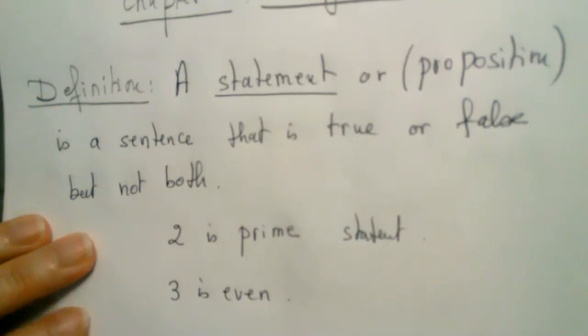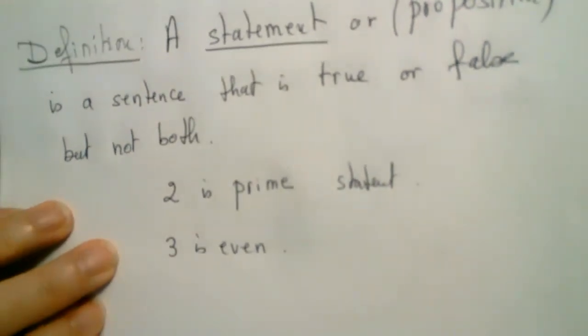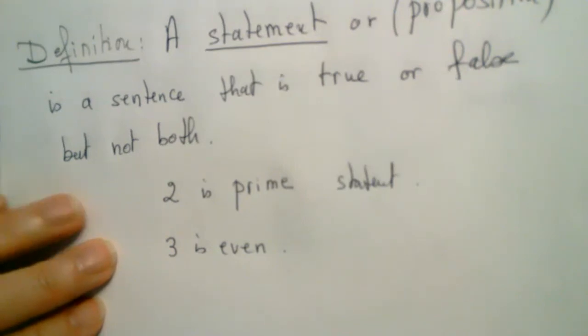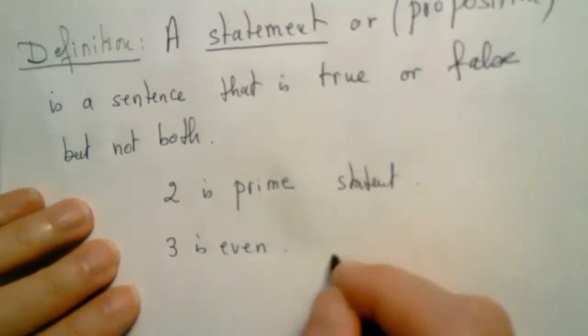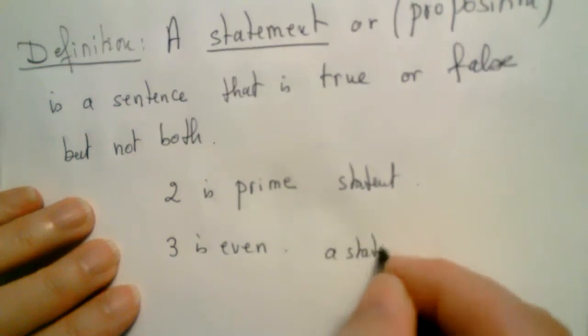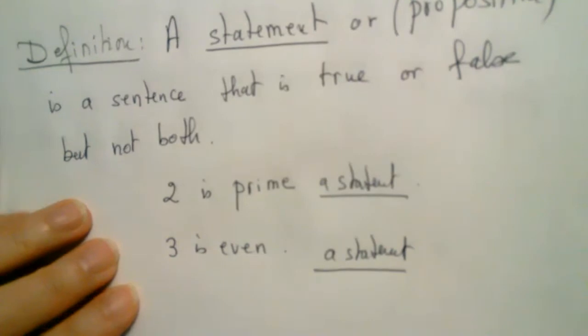That's a sentence. Is this sentence a statement? It means, is it true or false? Can you just tell me? Okay. Yes, it's a statement. It's a false statement, but it is a statement. That's really what I want. It is a statement. So this is a statement. Okay, that's a statement.